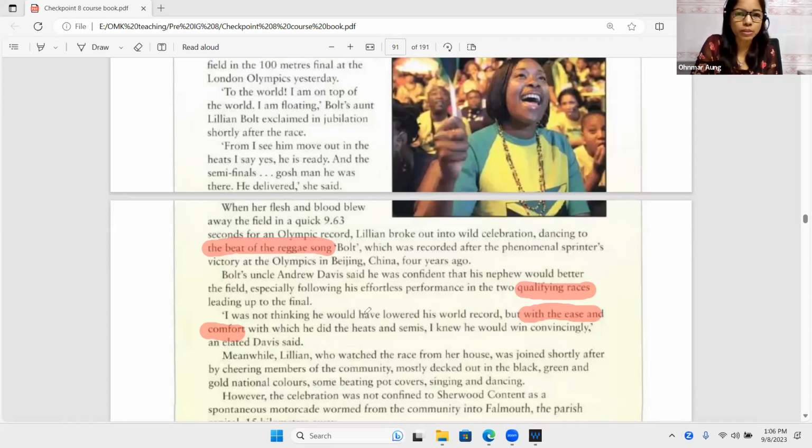Lower his world record. He would not lower his world record. It means that he would maintain his record, right? Because I'm not thinking he would have lowered his world record, it means that I'm confident that he would maintain his world record. With the ease and comfort, everybody, with the ease and comfort. That is nice.